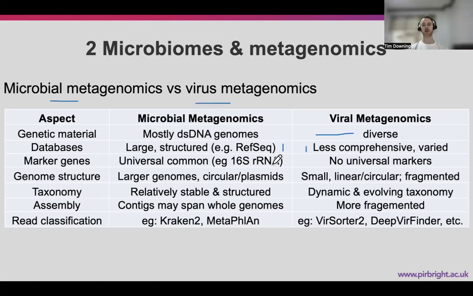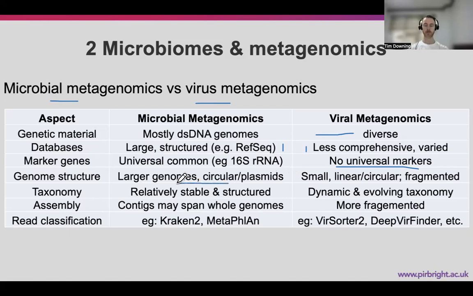Marker gene-based studies such as the 16S ribosomal RNA are useful and effective for bacteria, but for viruses, there are no universal markers with the exception of the RdRp gene, which is present in all or most RNA viruses.